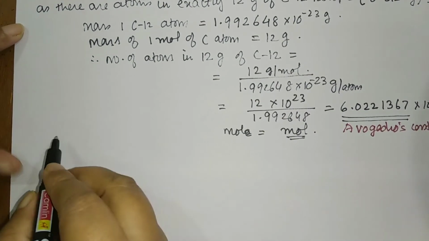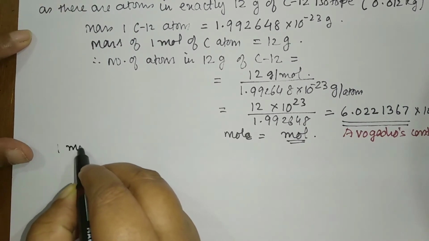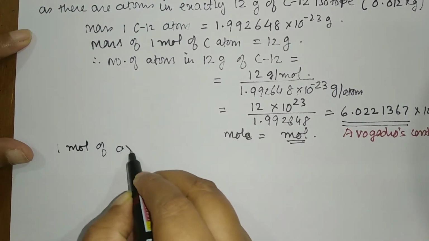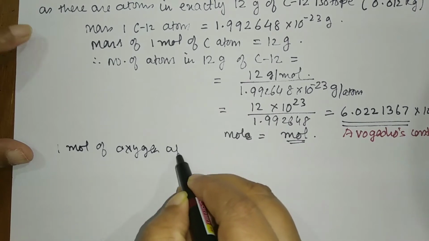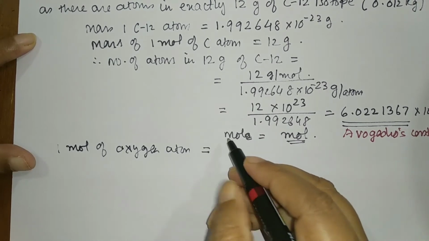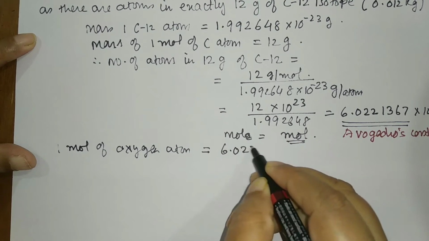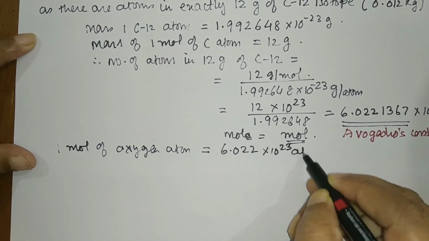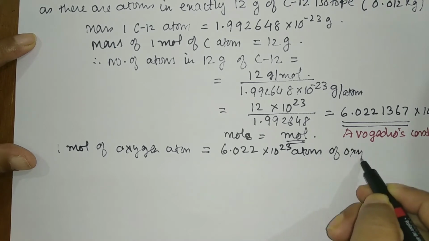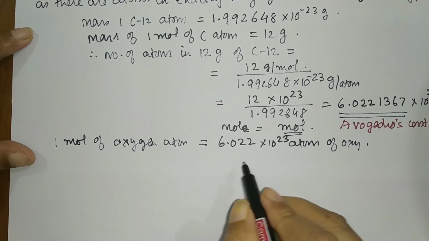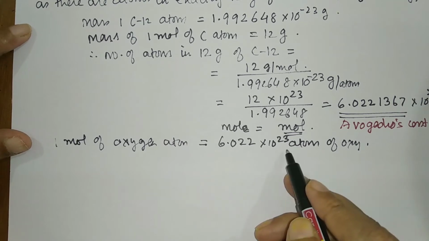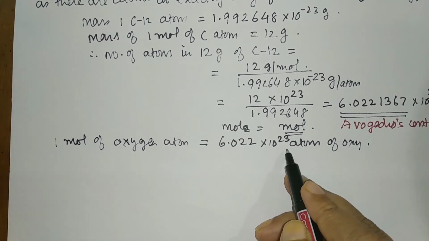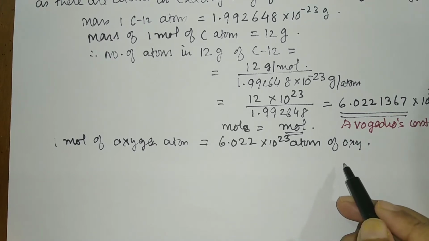It's very important to note that 1 mole of oxygen atoms will contain Avogadro number, that is 6.022 we use for calculation, into 10 raised to 23 atoms of oxygen. 1 mole of water molecules will have 6.022 into 10 raised to 23 molecules of water. 1 mole of sodium chloride will have 6.022 into 10 raised to 23 formula units of NaCl.